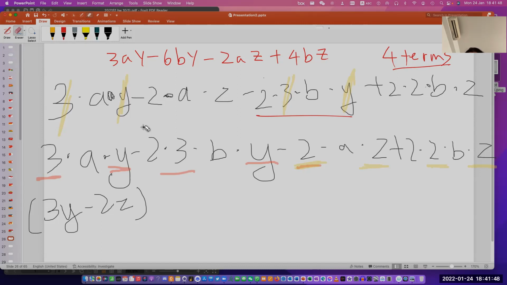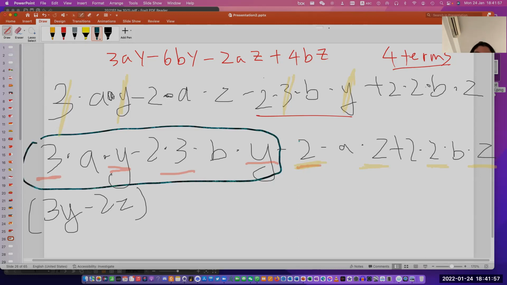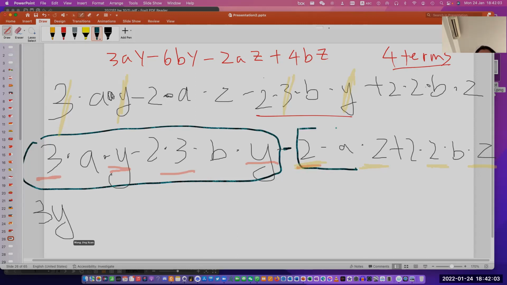So fast. I thought you do this one first. You do this one first, then later you do this one. This is a minus sign.